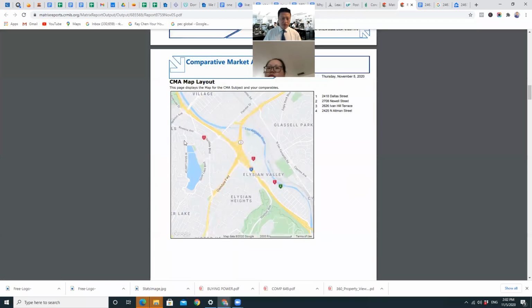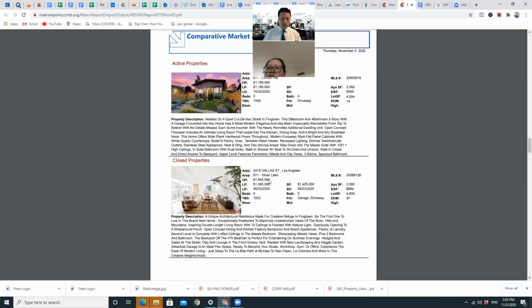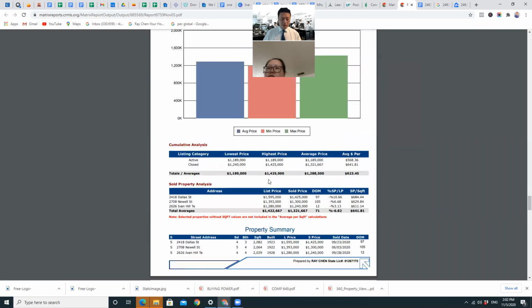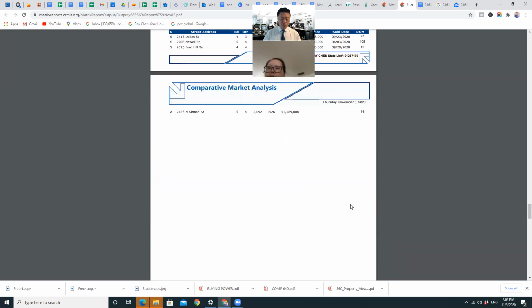Then I take a look to make sure the location is similar. And then I look at the closed sold. The average is 641 per square foot. So I save that.